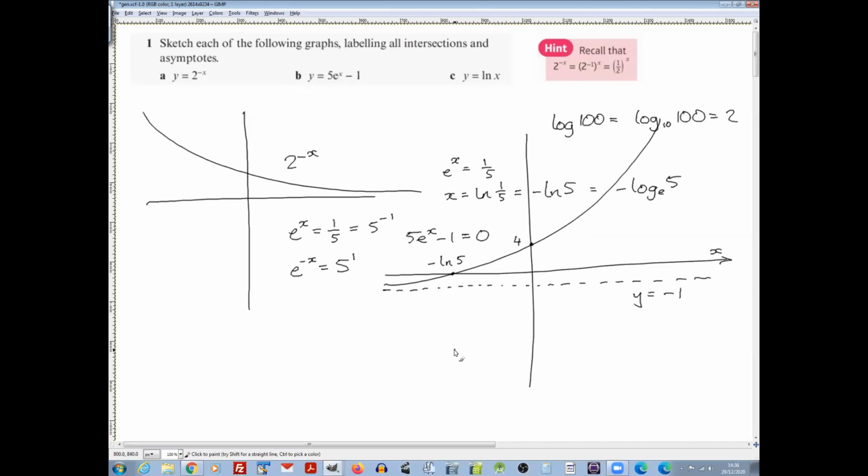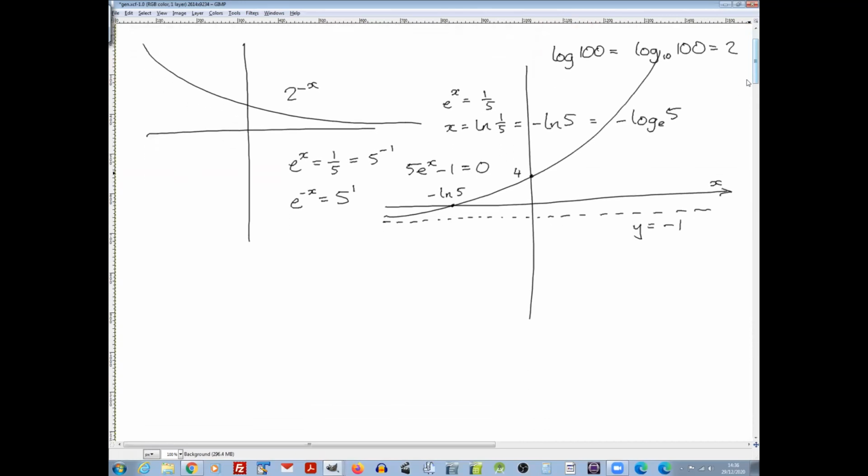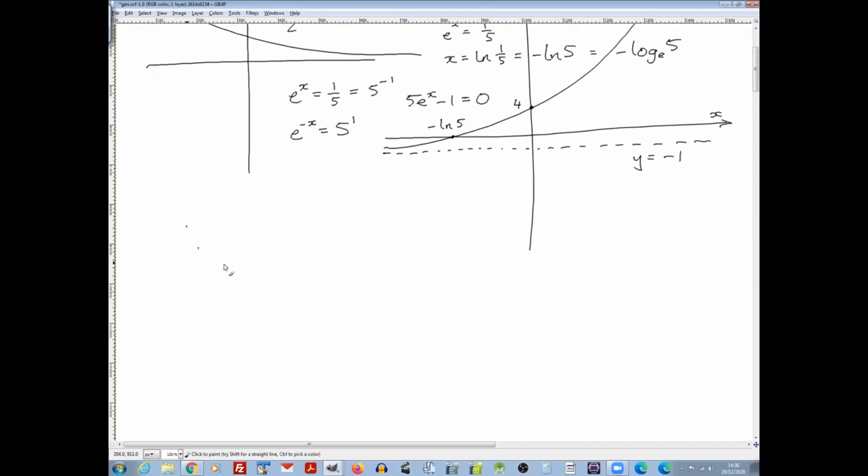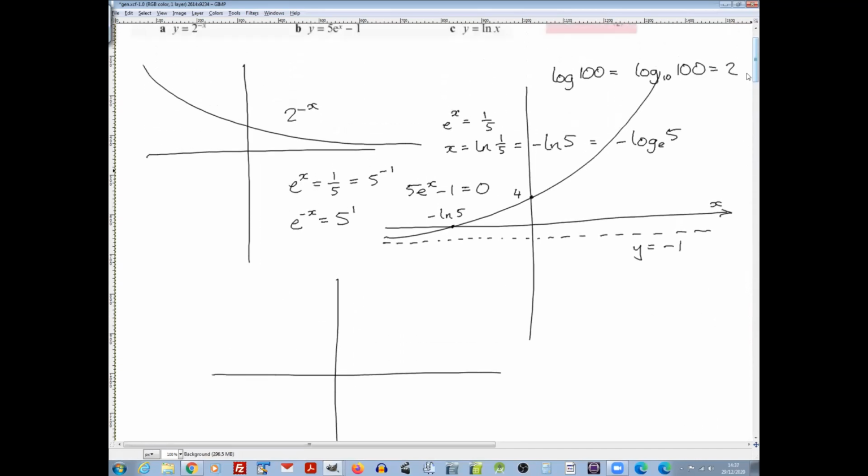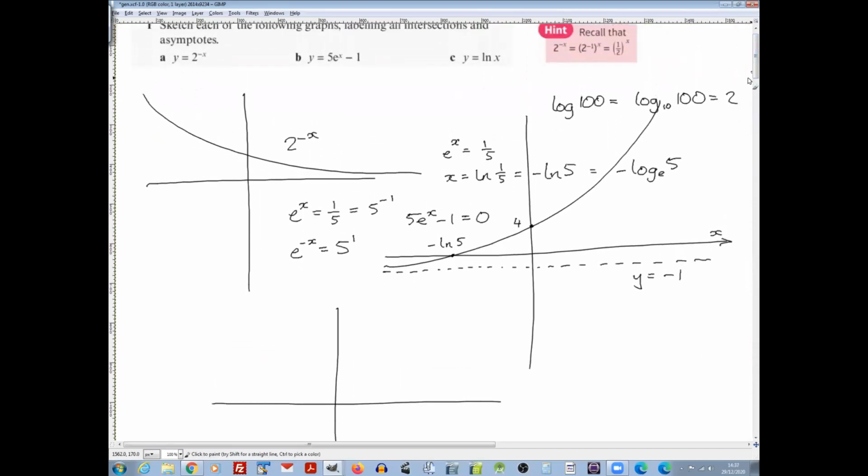And then y equals log x. Okay, so that's what you have to raise 10 to get x. Yes. Now, in general, what you have to raise e to get x, you mean? Yeah.